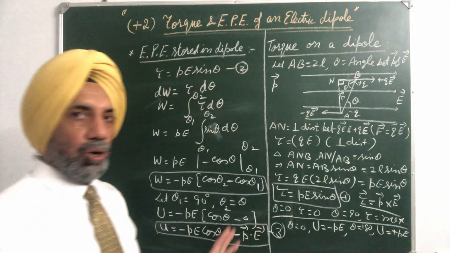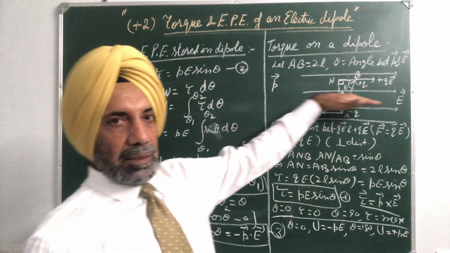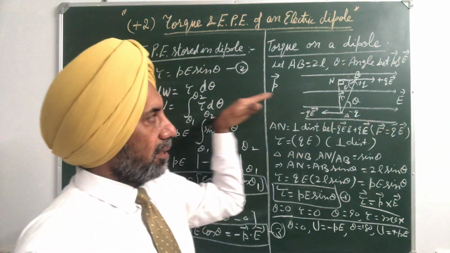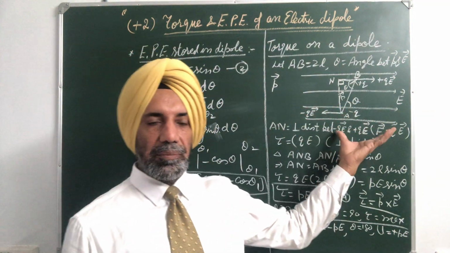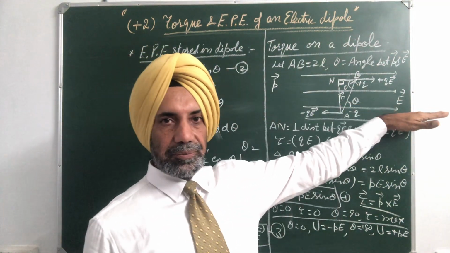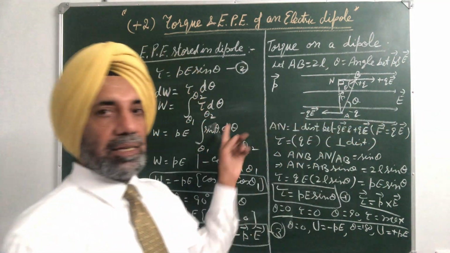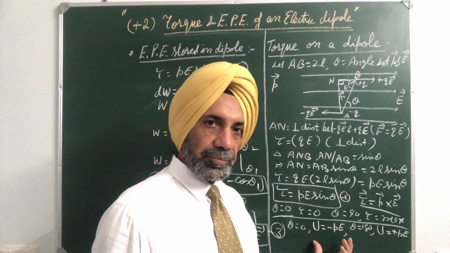It means energy stored varies from minus PE to plus PE. When the angle between P and E is 0, then potential energy is minus PE, that is minimum, so it is a stable state. When theta is equal to 180, potential energy is plus PE, which is maximum, so the dipole will be unstable.